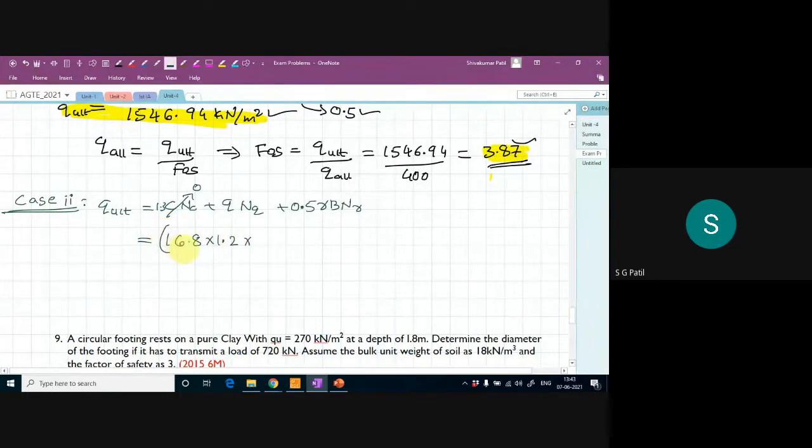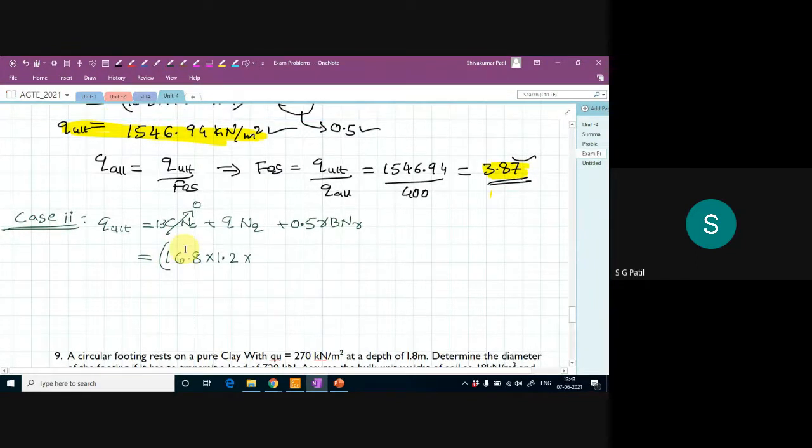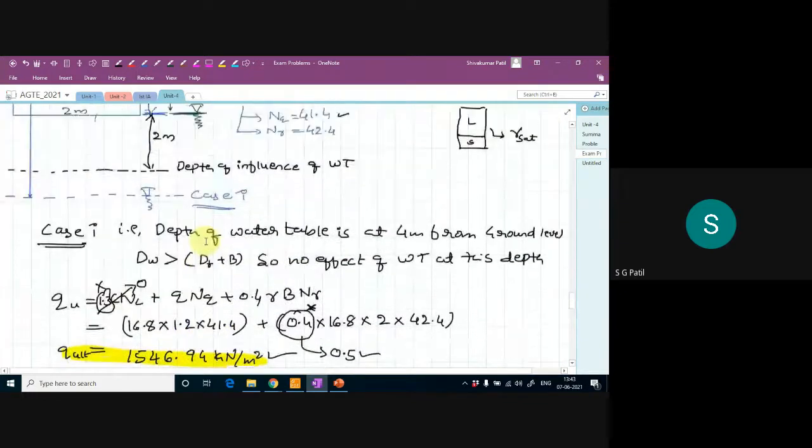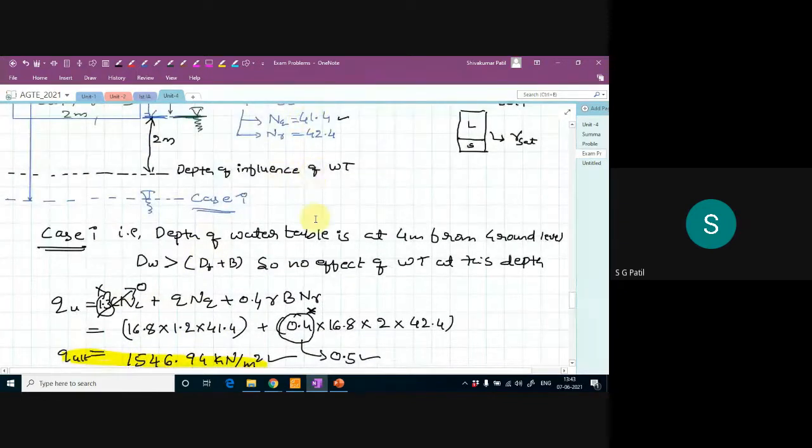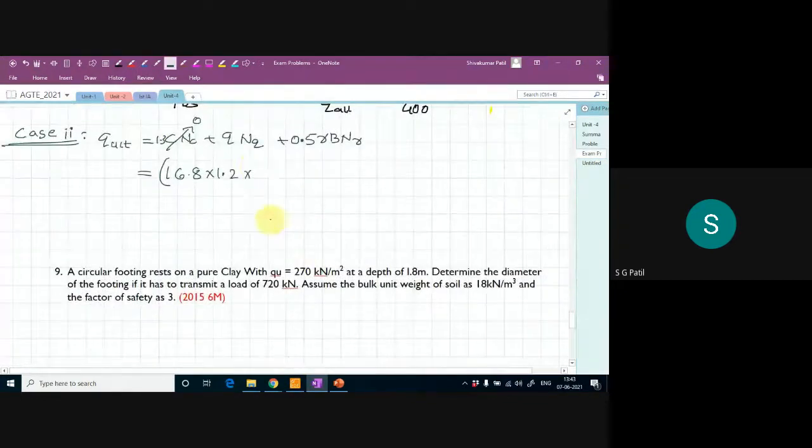What is the NQ value? The NQ value is 41.4, plus 0.5 into gamma.